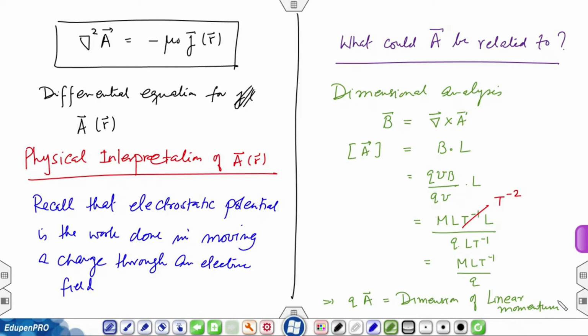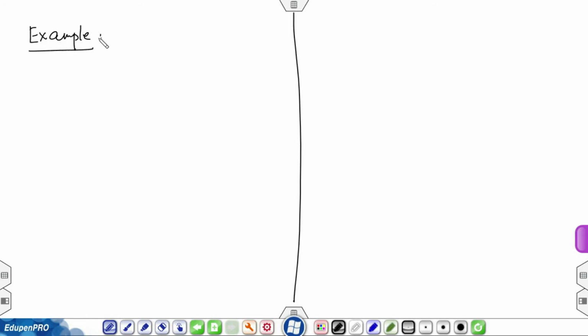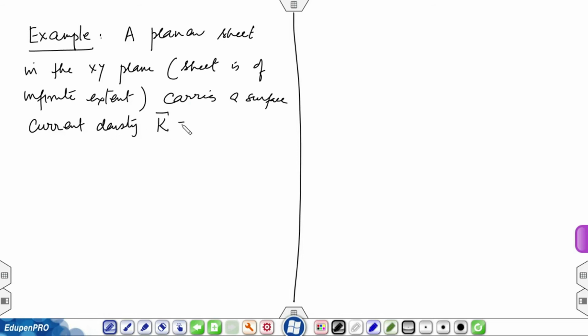So, what I will do now is solve one example of calculation of A. A planar sheet in the xy plane, of infinite extent, carries a surface current density K equals K in the x direction.